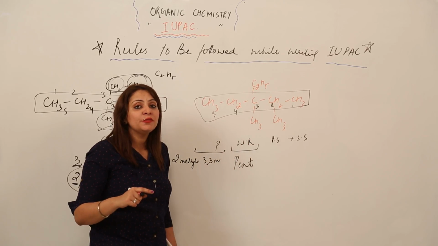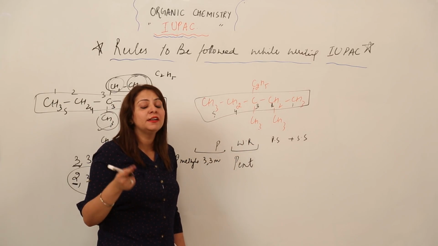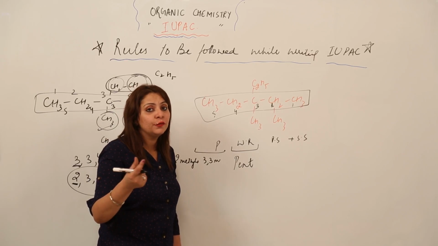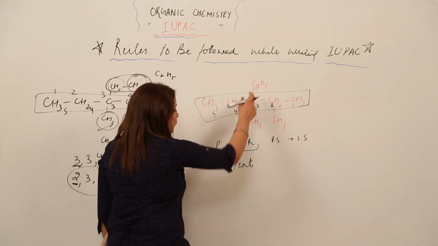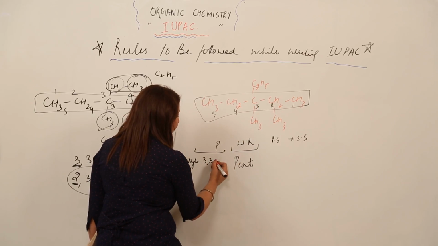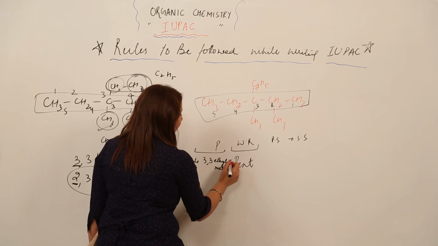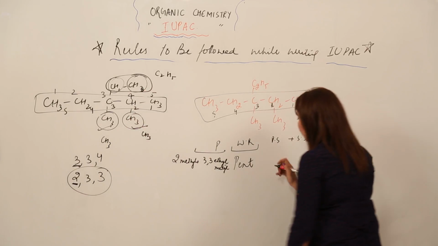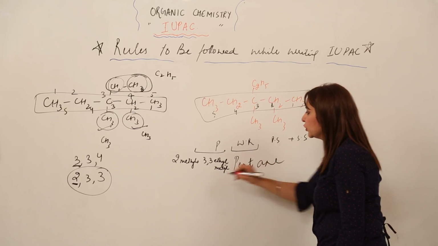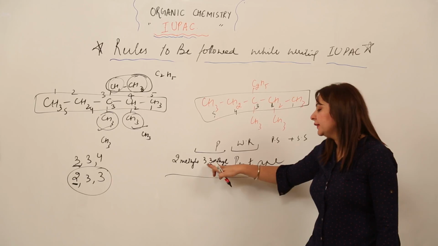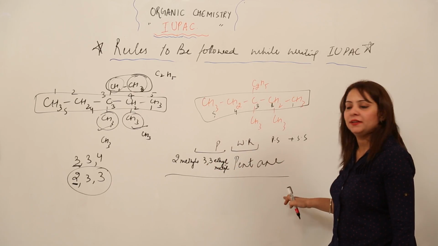But when you have to specify, we will write in alphabetical order, we will write first the name of the substituent whose letter comes first in alphabetical order. So that is ethyl. So it is 3, 3, ethyl, methyl, this is pent, primary suffix, all single bonds, that is ane. So this is going to be the IUPAC name, that is 2-methyl, 3,3-ethyl methyl pentane, right.